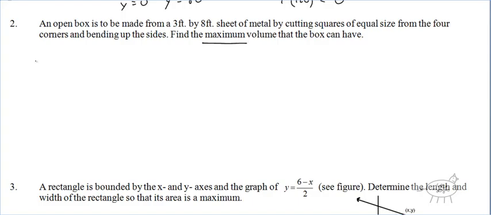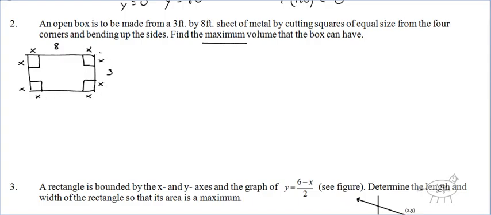So let me just sketch a quick picture here of what this is going to look like. So here's your rectangular sheet, and this is 3 by 8. And you're cutting off squares in the corners, here's your squares, because then you're going to fold it up, right, to make a box. And we don't know this, so we're going to call each of these guys x.